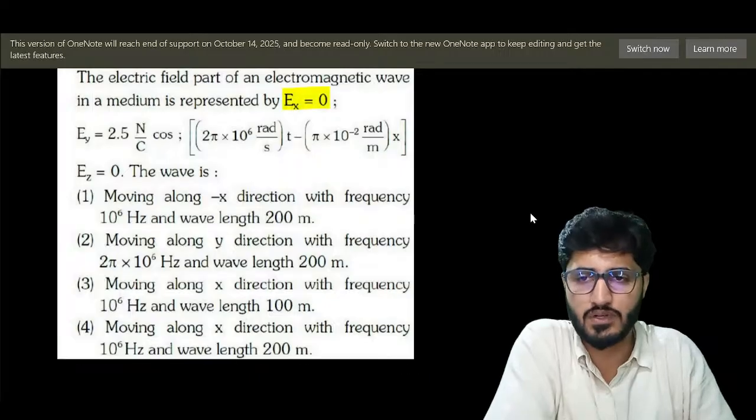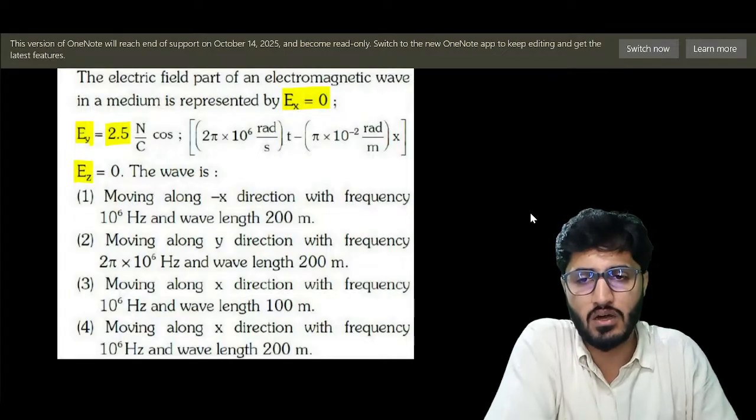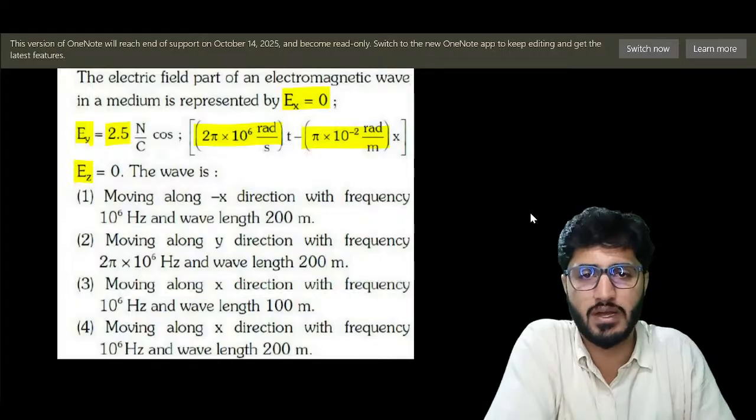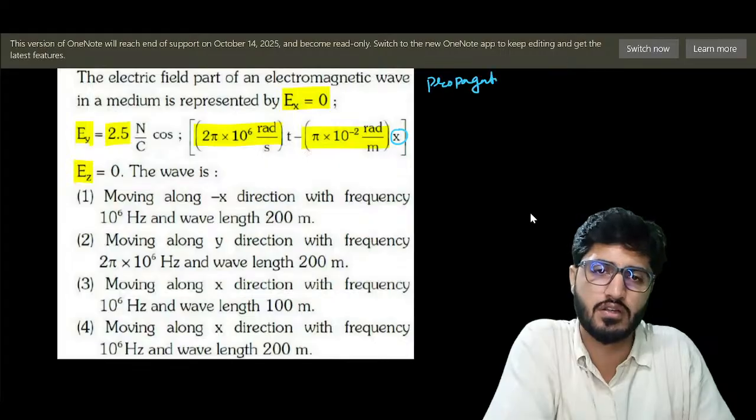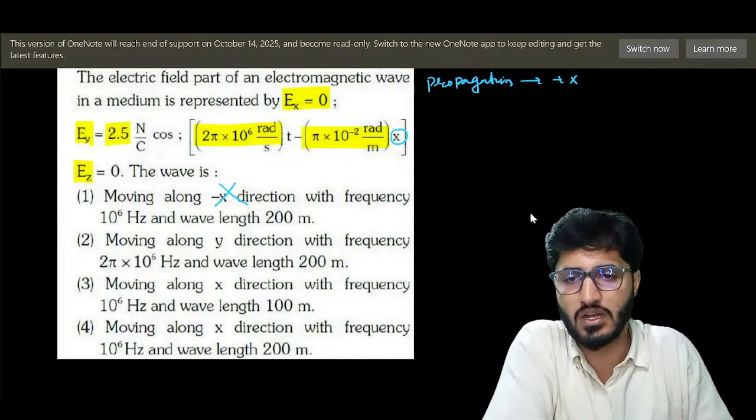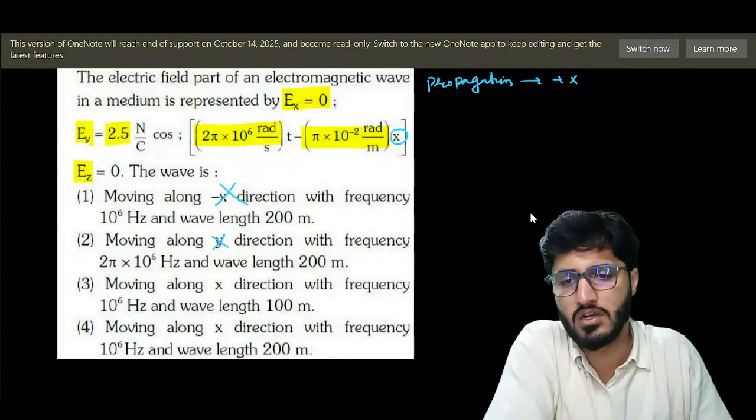It is 0, EY is this much and EZ is 0. Now, look now. This one is in positive. This one is in negative. So first of all, my propagation would be in positive X. Look, cancel out, Y cancel, positive X, it could be done.